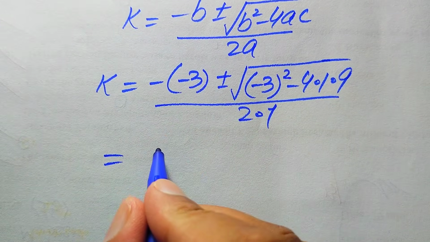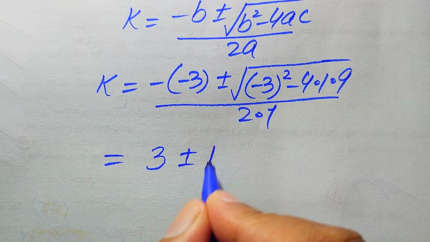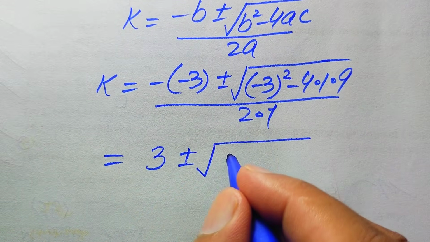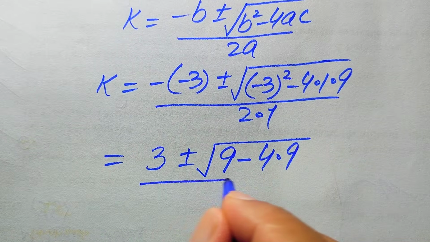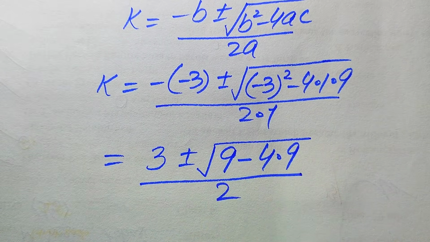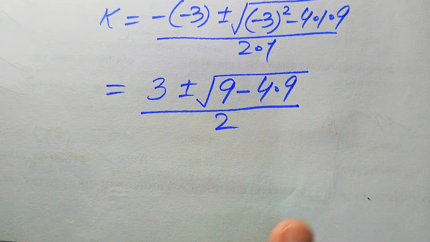Further we have minus times minus becomes plus 3 plus minus square root of minus 3 square becomes 9 minus 4 times 9, divided by 2 times 1 which equals 2.